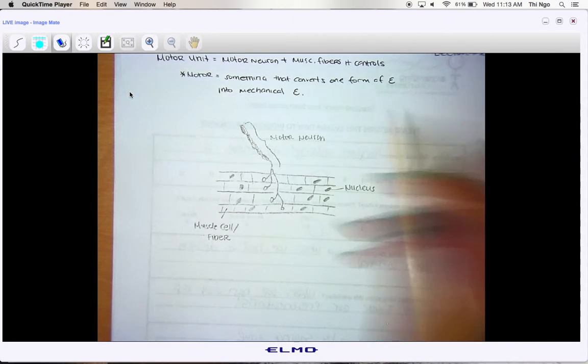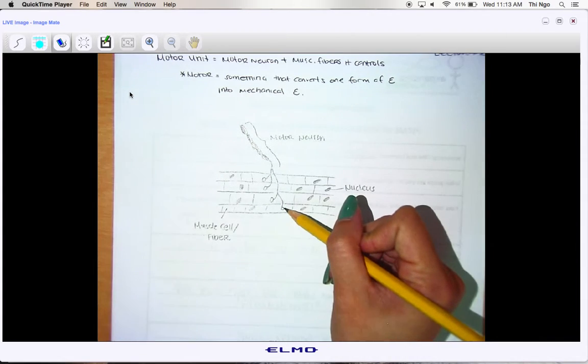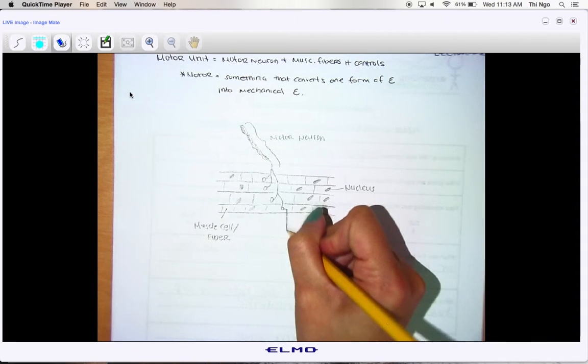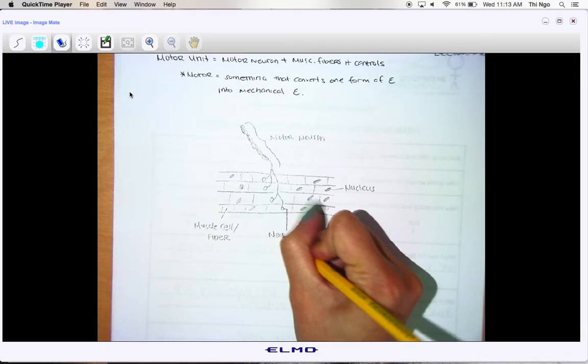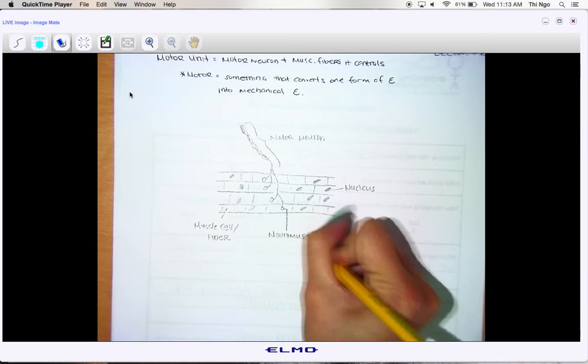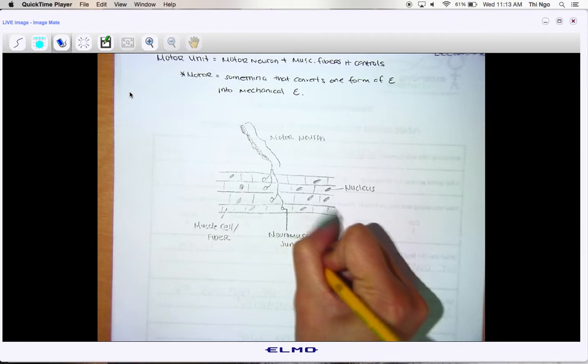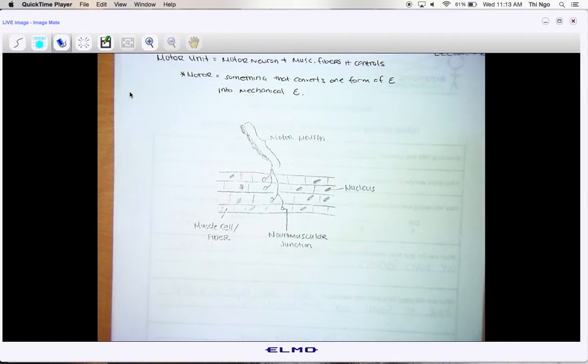And right here, where you have the neuron attached to the muscle, that's called a neuromuscular junction. So how many neuromuscular junctions do you have in this unit? 4.